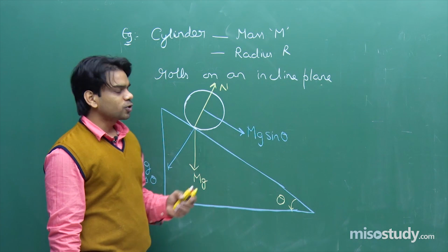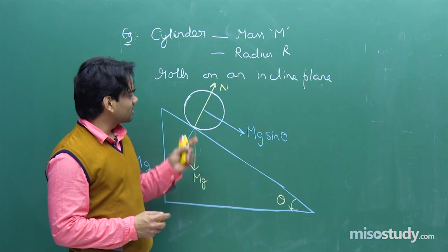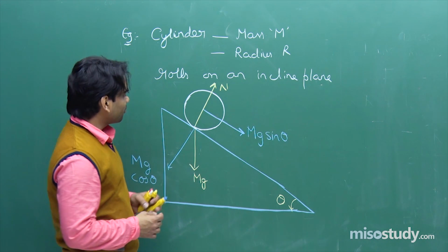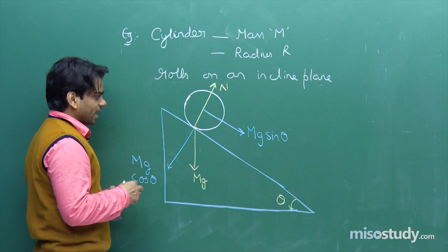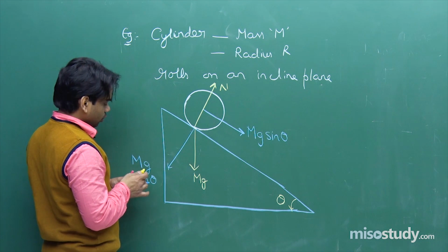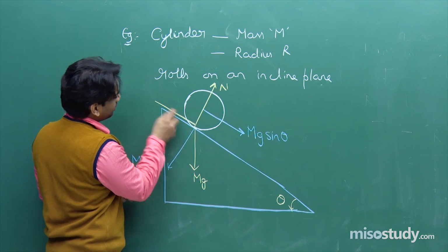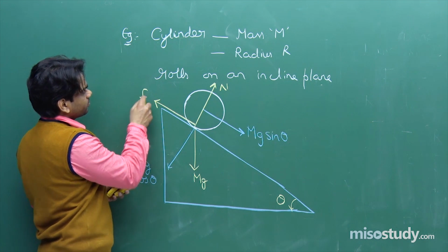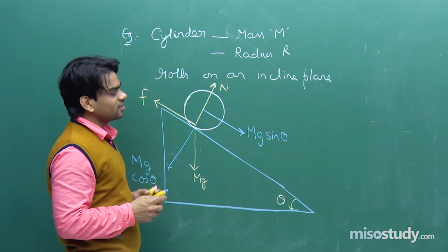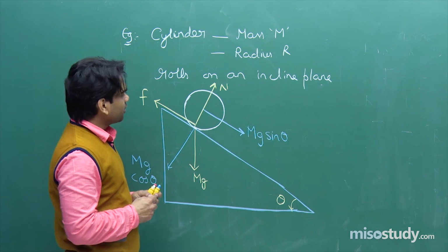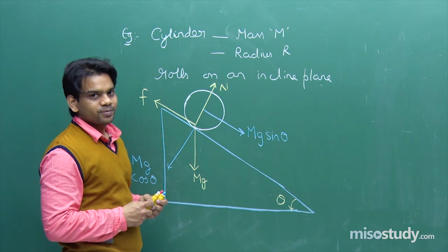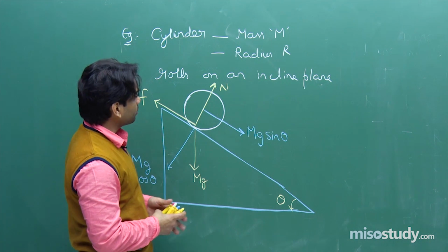I also have to show you the friction force acting on this cylinder. Let us take the friction force as acting, this time, in the backward direction. Let me show it separately: the friction force is acting in the backward direction. To understand the forces acting, we can also draw the free body diagram, but we have already shown so many free body diagrams that you can make it out.